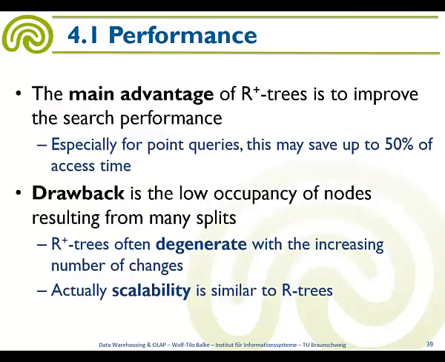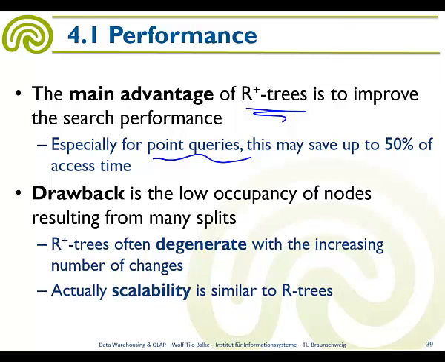Performance, well, R plus tree definitely improved the search performance because now you don't have to traverse both sides of the tree, but rather one side of the tree. And if you have point queries, well, this basically saves up to 50%, so only one branch instead of two.